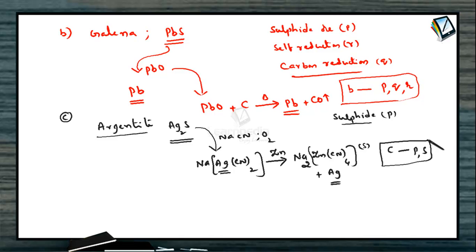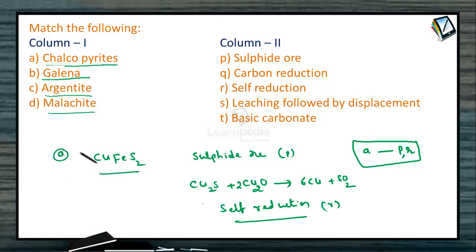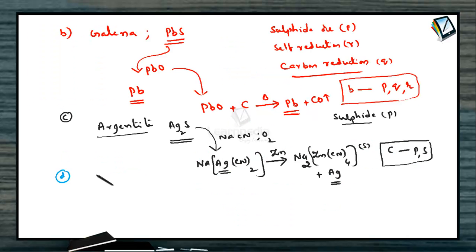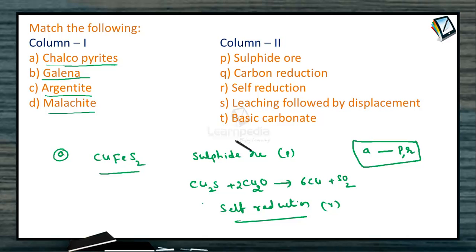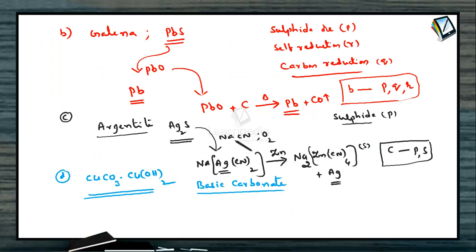Then we are left with D. What is D? D is malachite, and malachite is a basic carbonate. It is CuCO3.Cu(OH)2. So thus, it is a basic carbonate, and we have in the options in column 2 the basic carbonate as T. So T is one of the options.